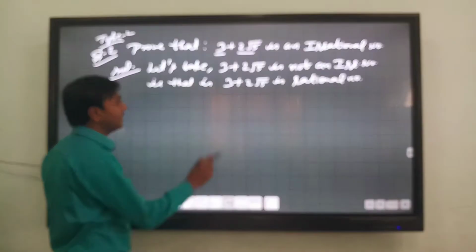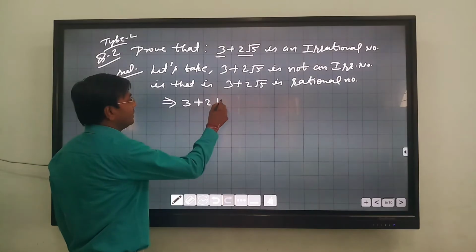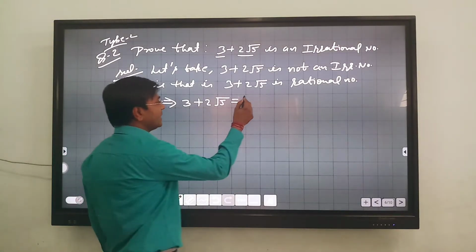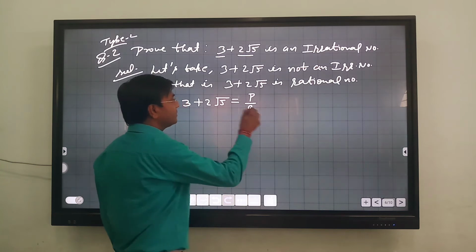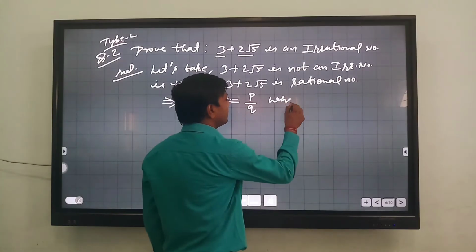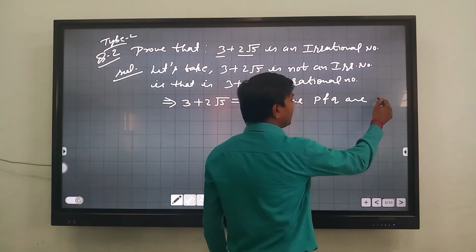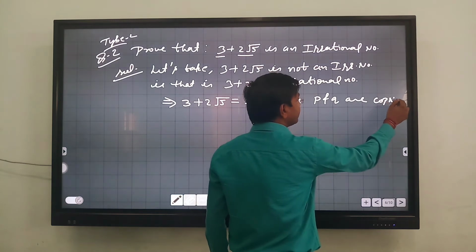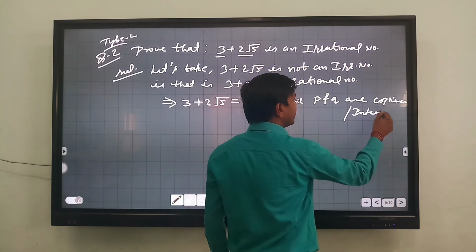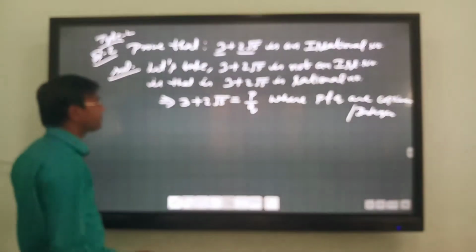And if this is a rational number, then by the definition of a rational number, this can be expressed in the form of p by q, where p and q are co-primes, or you can say they are integers.